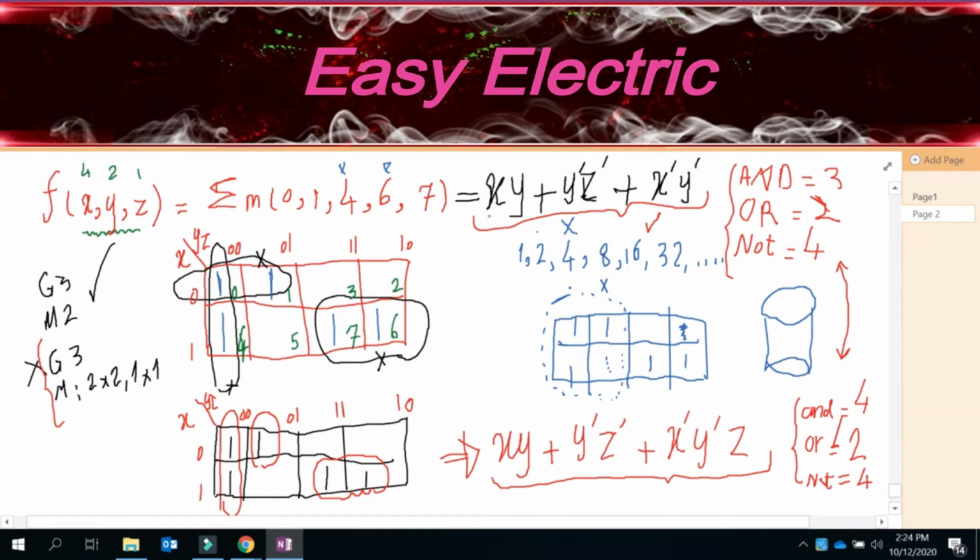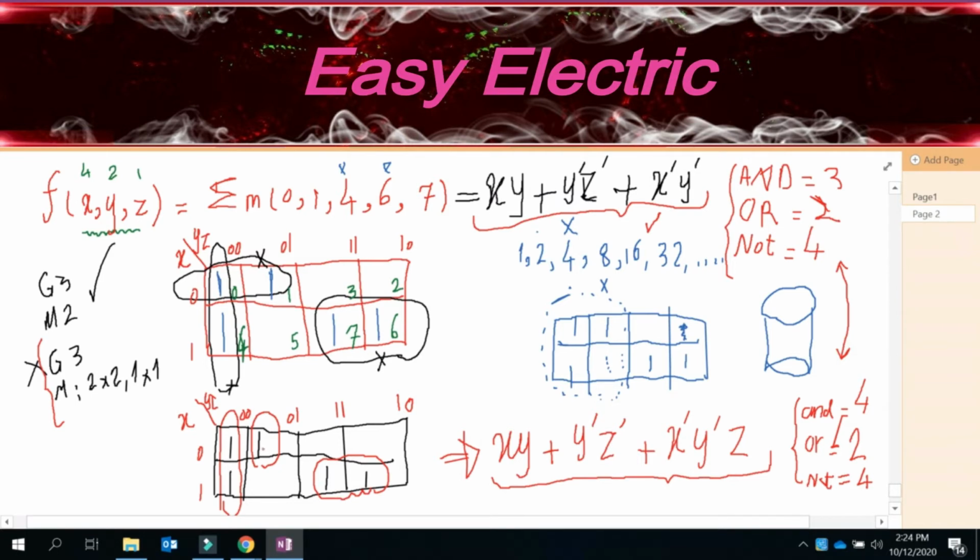So just understand why we have these rules. Each group corresponds to one term, right? So whenever we say the number of groups is minimum, that means the terms are minimum. And the number of members inside the group should be maximum, because whenever you have more members, its term has fewer variables.